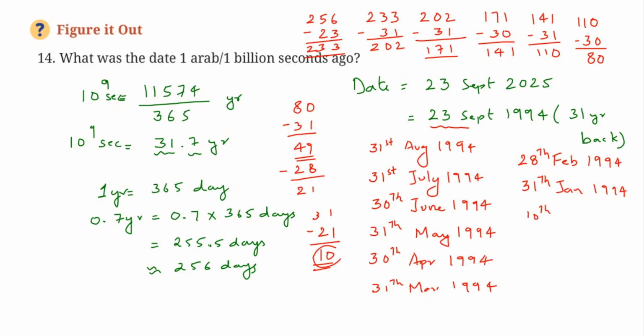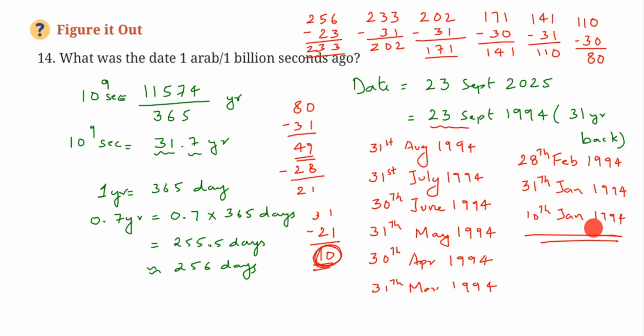So to get the date, I'm subtracting 21 from 31, or you can just go back 21 days manually. I'm getting 10. This means this is 10th January. So if you go back 256 days from 23rd September 1994, you get 10th January 1994. So this will be the date.